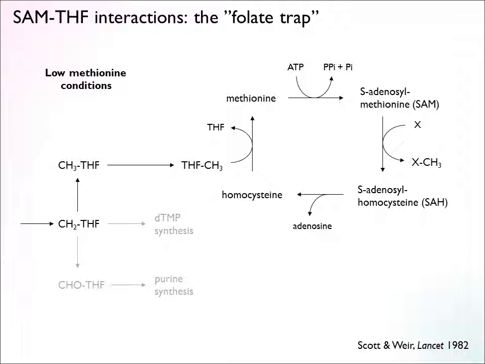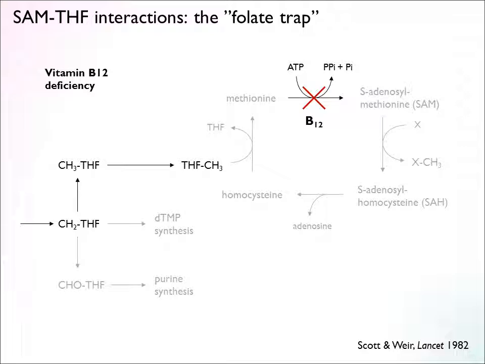So if you have little methionine, for example, so that it is difficult to methylate, this regulatory mechanism kicks in, and the one-carbon units bound to folate are shuttled towards the SAM system to maintain the SAM levels and make sure that the cells have enough methyl units to be used for methylation. Because in many cell types, these methylation reactions are really vital for the cells to survive and carry out their function.